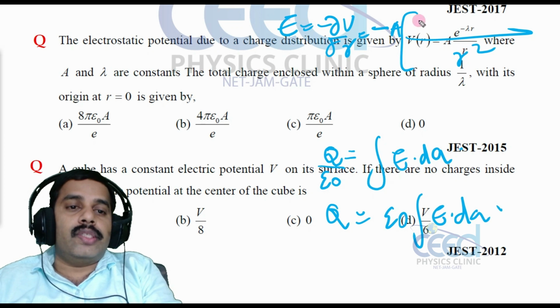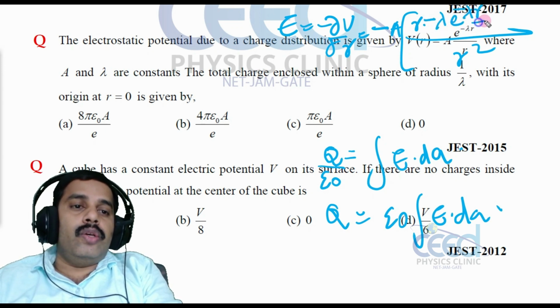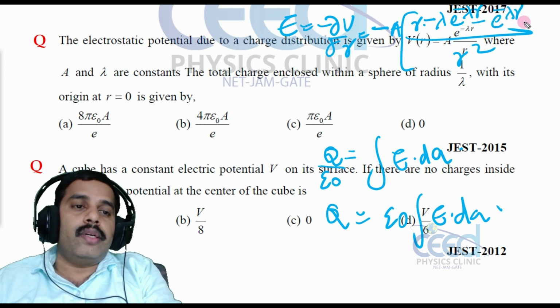First function into the derivative of the denominator, that is minus lambda e raised to minus lambda r, into the numerator, minus the numerator e raised to minus lambda r into the derivative of the denominator, that is 1.